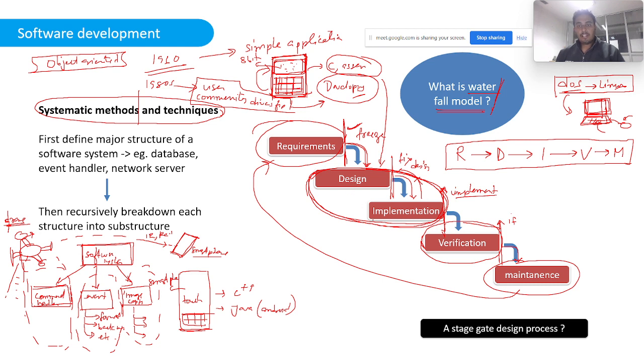If during the implementation phase the design faces certain issues, or during the design someone recognizes a new requirement, they cannot go back. One needs to entirely follow this particular pipeline of activities in the organization, and only then can the next version of the product come into picture. So that is basically the disadvantage.